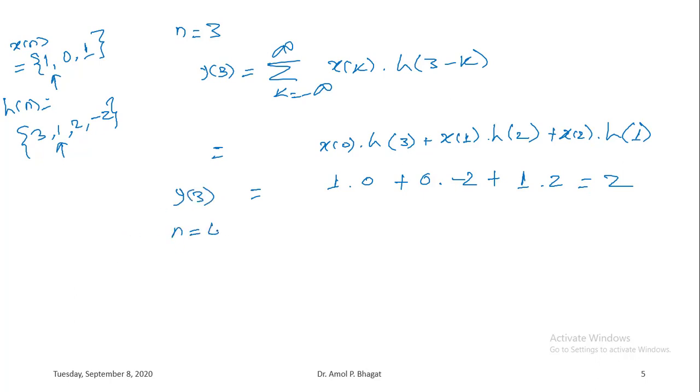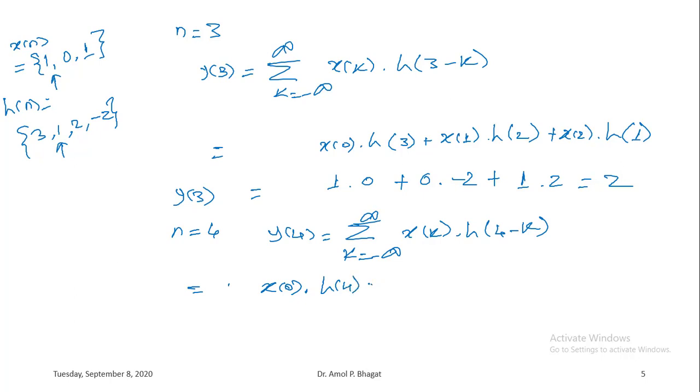Similarly, for n equals 4, the formula will be y of 4 is equal to the summation over k from minus infinity to infinity of x of k into h of 4 minus k. Substituting, x of 0 multiplied by h of 4, plus x of 1 multiplied by h of 3, plus x of 2 multiplied by h of 4 minus 2, that means h of 2.